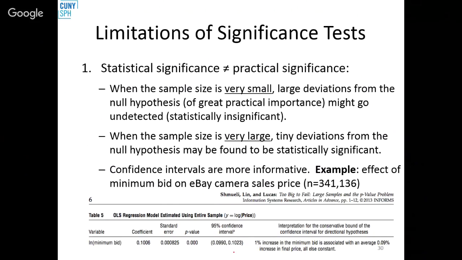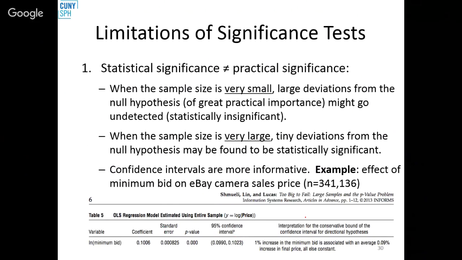This confidence interval goes, look at this, from 0.099 to 0.1023. So it's a tiny confidence interval on this coefficient because there's such a huge sample size.